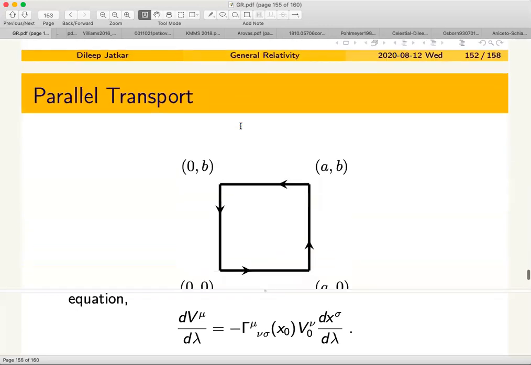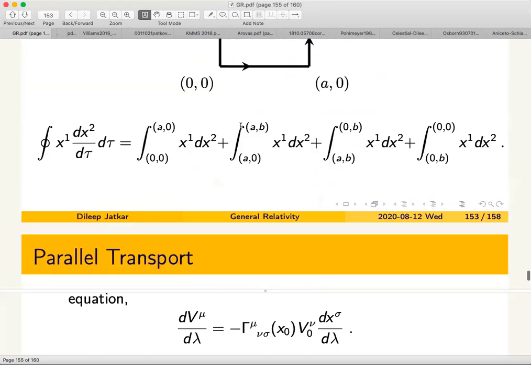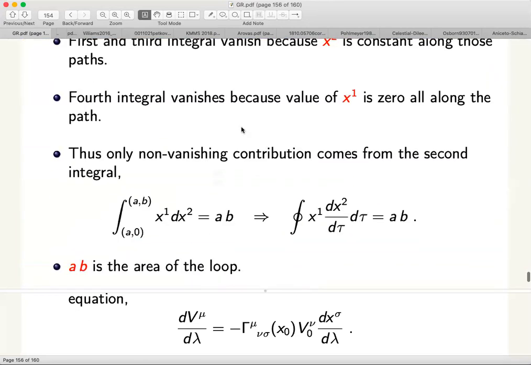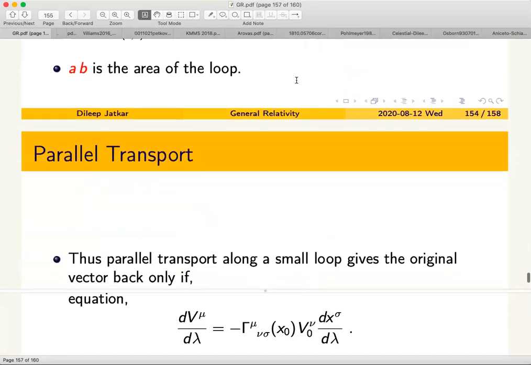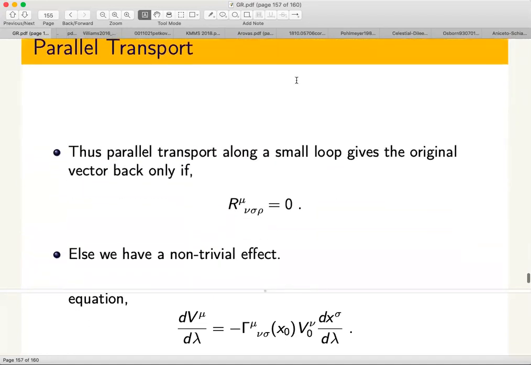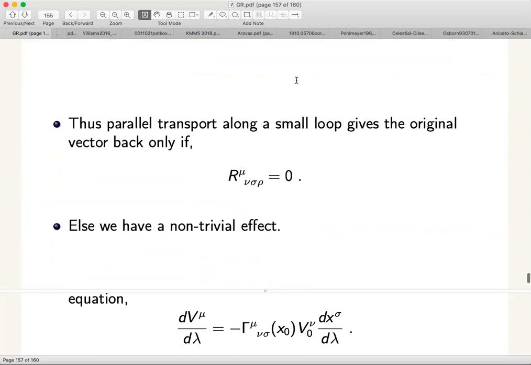That is the conclusion that we draw today: because this quantity is proportional to the area of the loop, the parallel transport along a small loop gives us the original vector back only when the Riemann tensor is 0. There is no other term in our expression which would have given us the vector back.